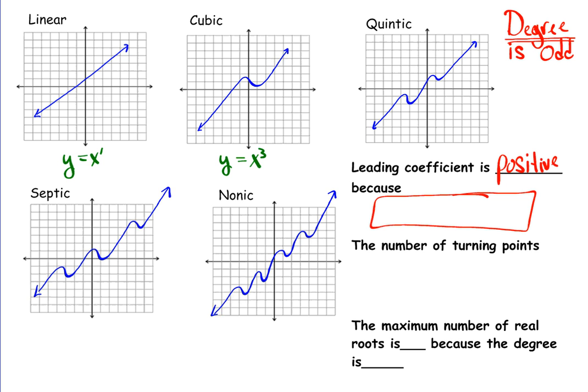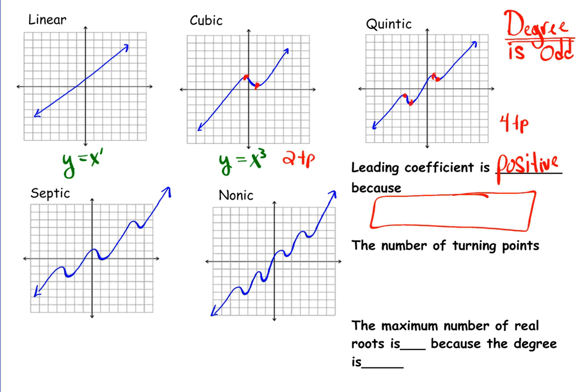All right, now, turning points. What's a turning point? A turning point is where in the graph we change direction for a little bit. In a linear, we have no turning points. In a cubic, we have 2 turning points. In a quintic, I have 1, 2, 3, 4, so I have 4 turning points.